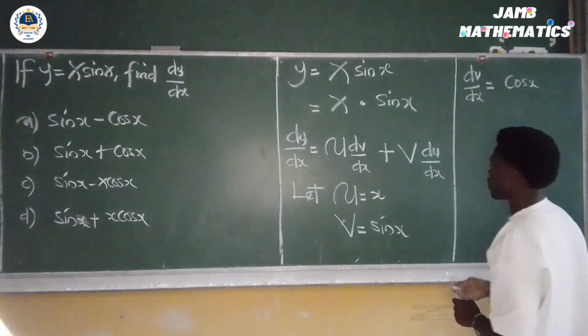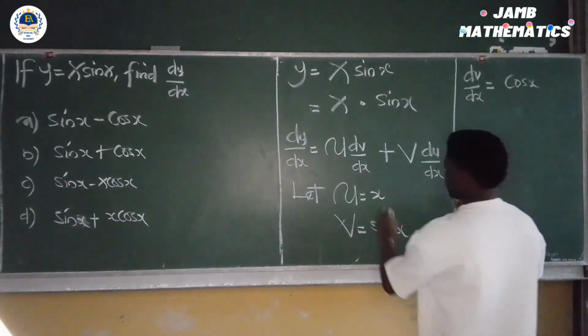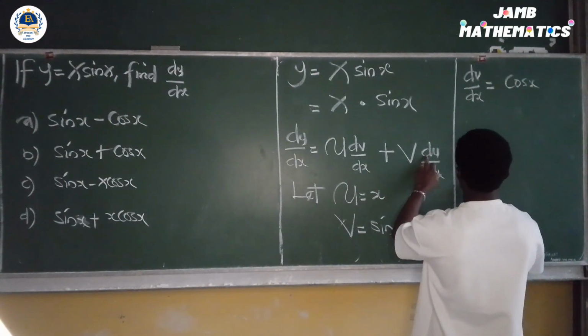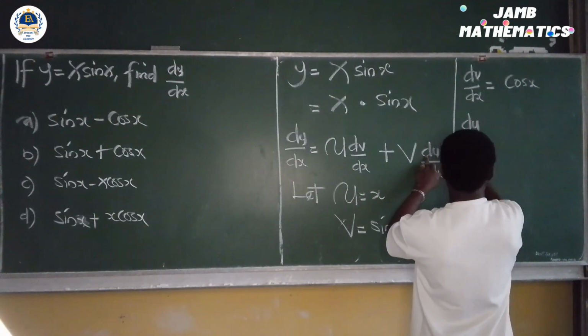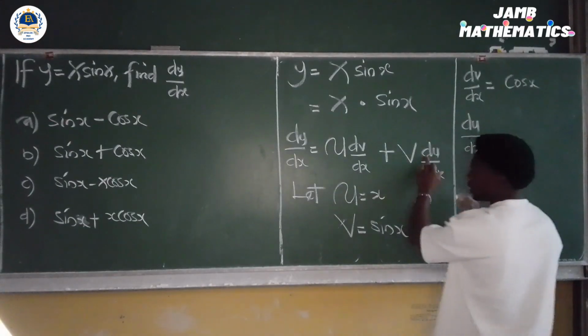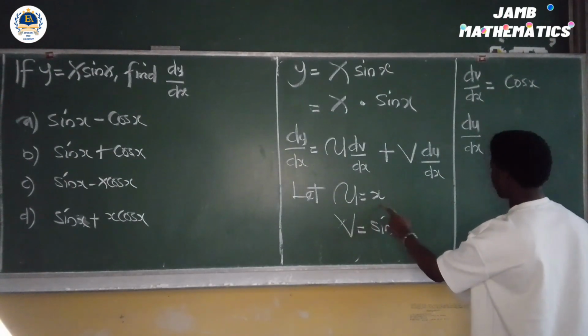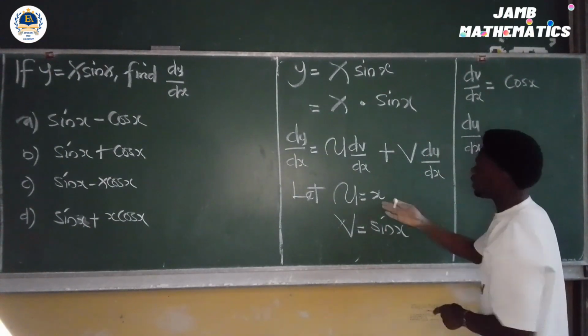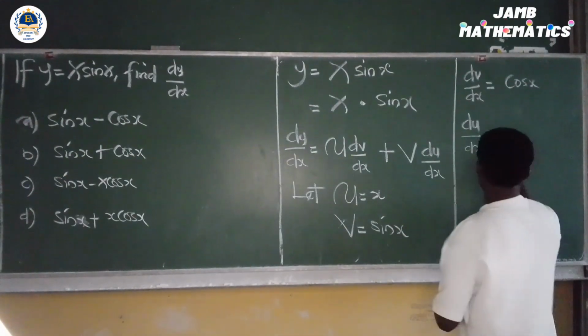So we have cos x, and du over dx, which is the derivative of u with respect to x, is equal to, if you find the derivative of x, we are going to have 1.